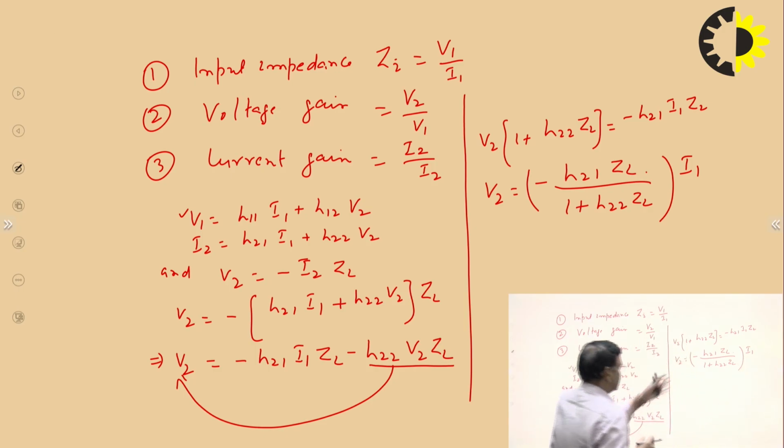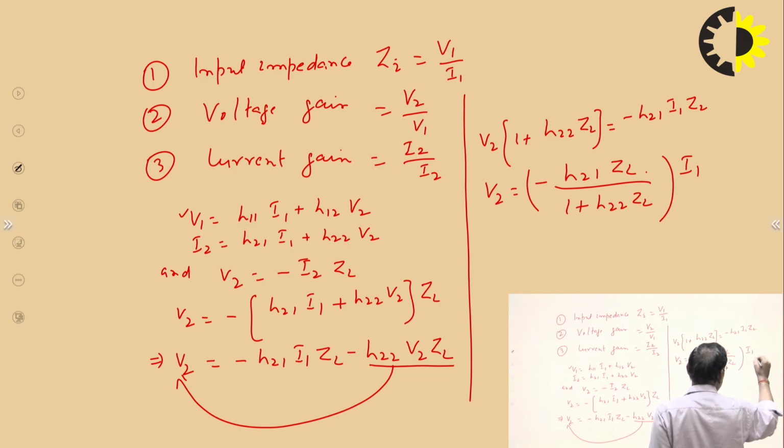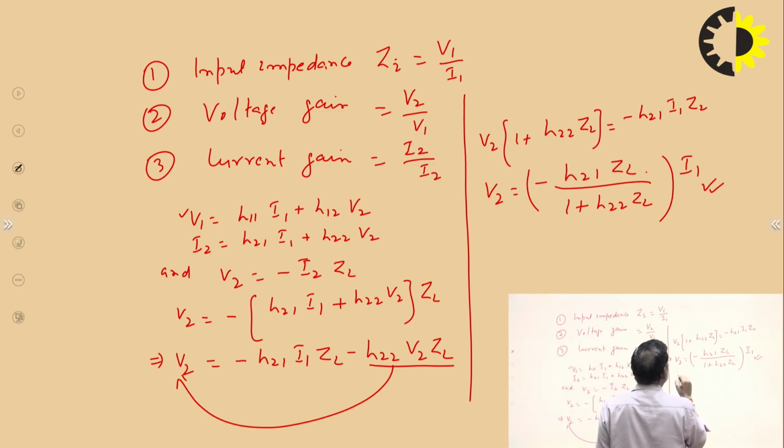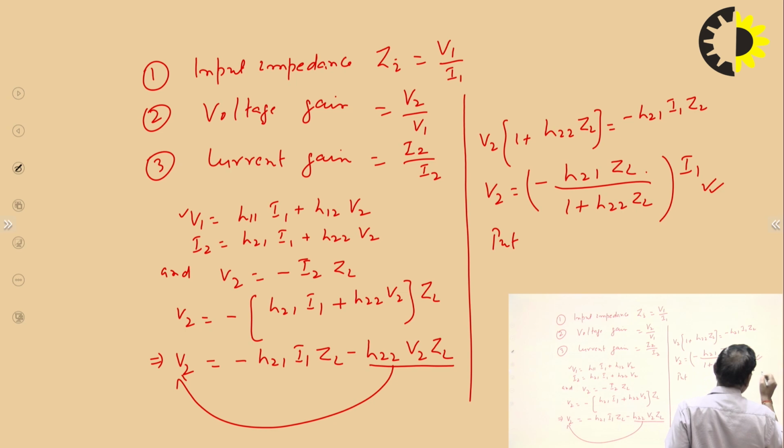So put this equation in place of V2. This is your equation fourth.